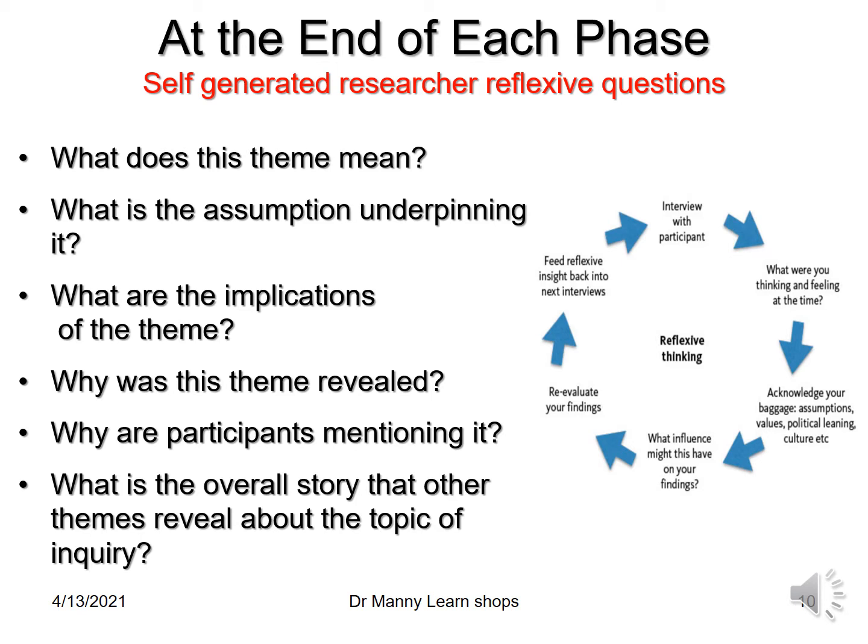What are the implications of the theme? Why was this theme revealed? Why are the participants mentioning it? And what is the overall story that other themes reveal about the topic of inquiry? This is the process for reflexive thinking. You're reflecting on what's happening in relation to your research question.